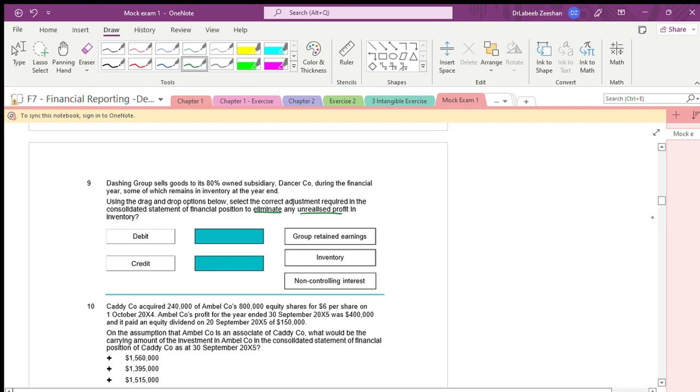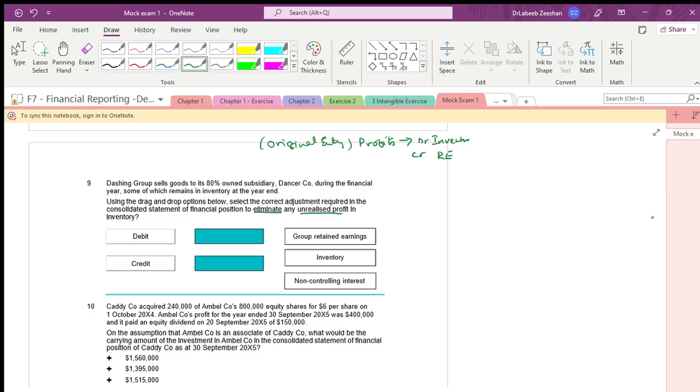First, you should know what happens if there are profits, the original entry. If profits are there, credit will be retained earnings, and debit will be inventory or purchases.